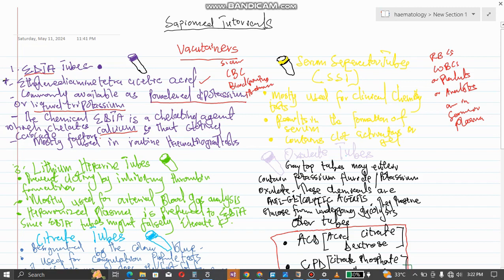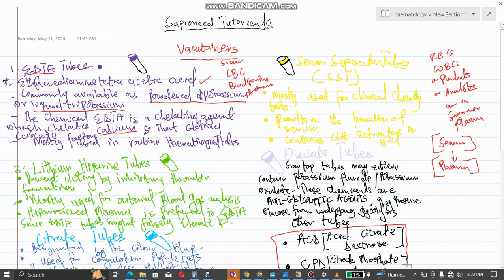Now, the serum separator tube or SST is mostly used for clinical chemistry tests. So when we talk about clinical chemistry tests, we might want to use the serum. The serum does a better job than the plasma.